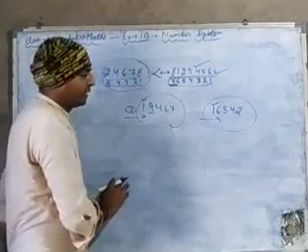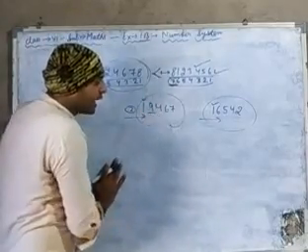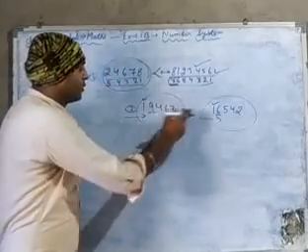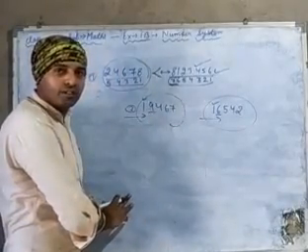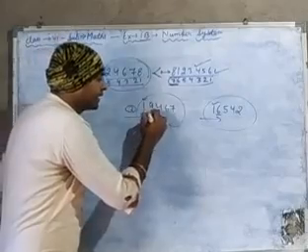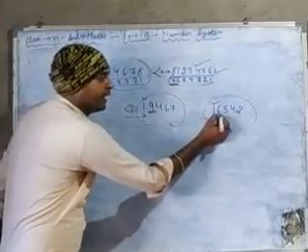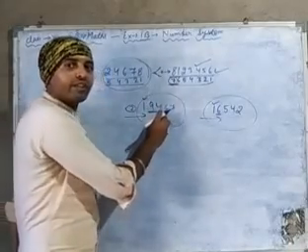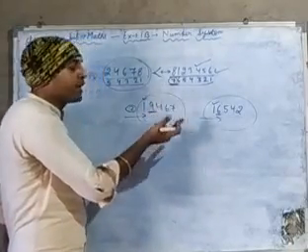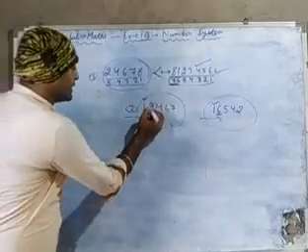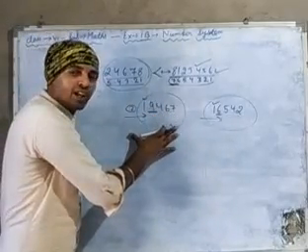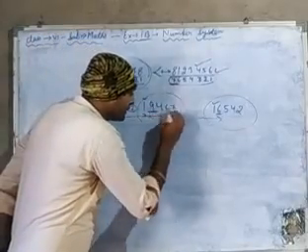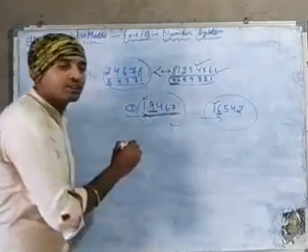Now here it is 9 and here it is 6. Students, which one is larger? Obviously 9 is larger than 6. In this way we can say which number is greater: the number whose digit is greater will be the larger number. So which number is greater?